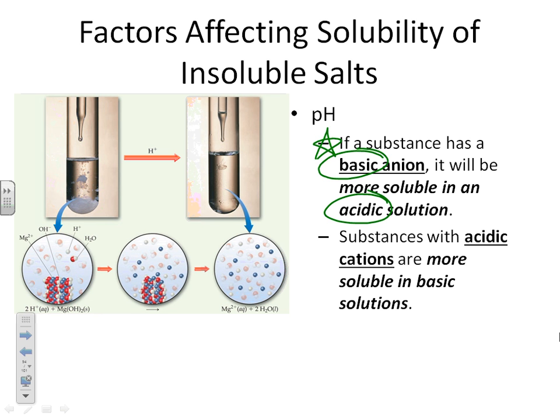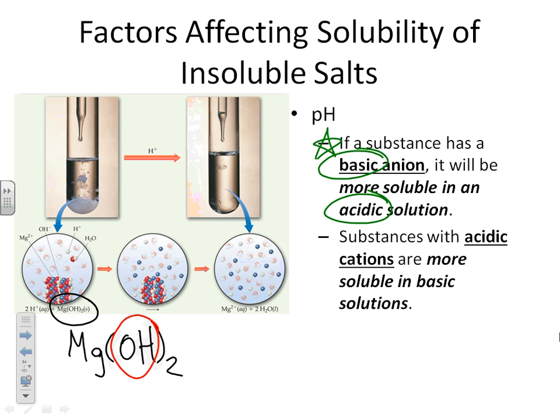So if your salt, for example, what's shown here, I'm just going to make this a bit bigger, is magnesium hydroxide. Does this have a basic anion? Yeah, the hydroxide, really big one, right? OH-. It has a basic anion, so it will actually react with the acids if we lower the pH and help make the magnesium hydroxide go into solution.